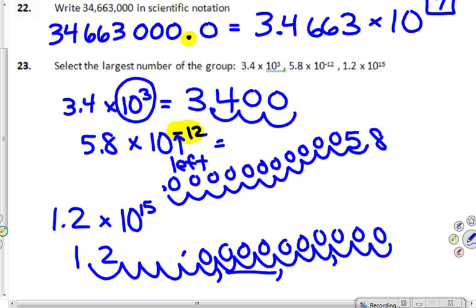What are we in here? Billions. What are we in here? Trillions. That's 1 quadrillion, 200 trillion. That's a giant number. So what's the largest number of the group? This one. It's going to be the one with the biggest positive exponent on the 10.